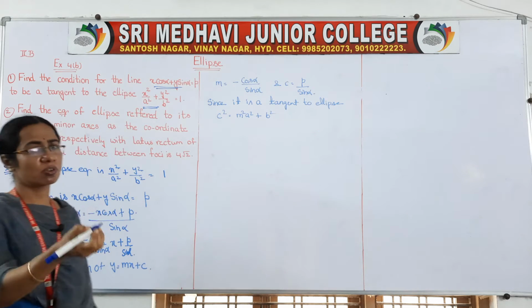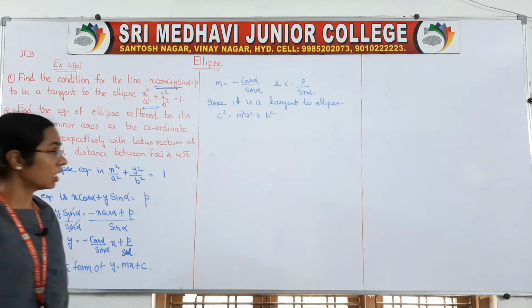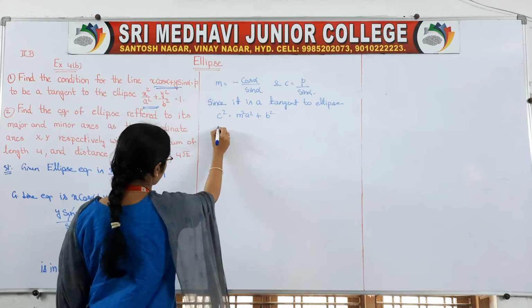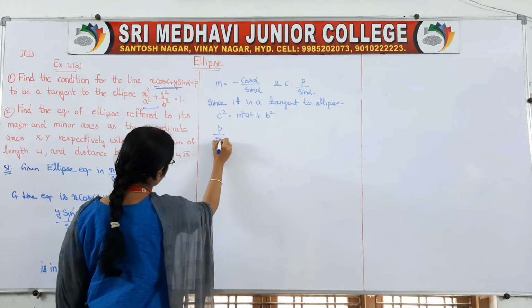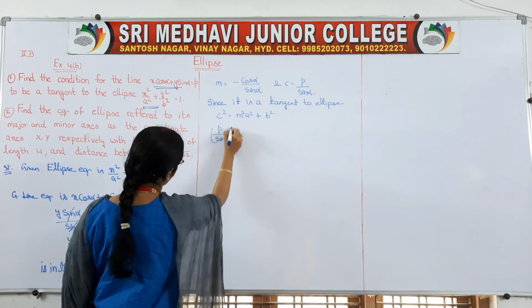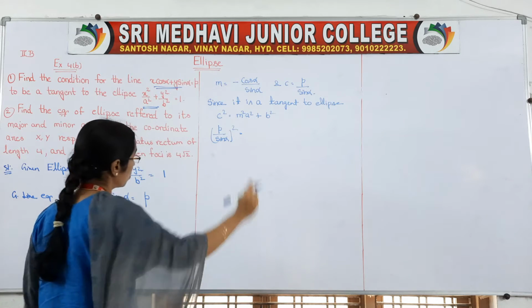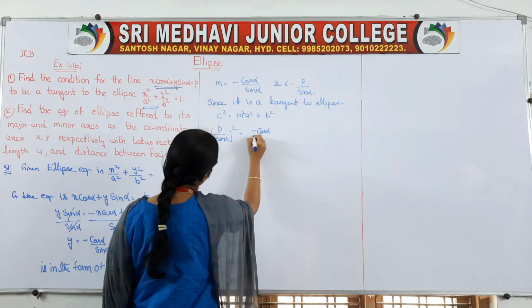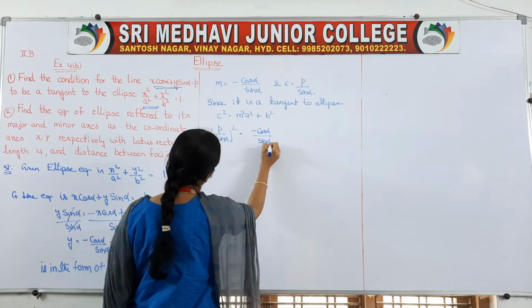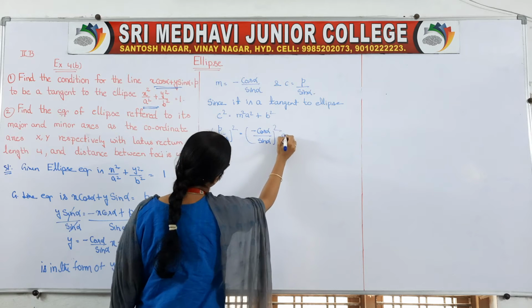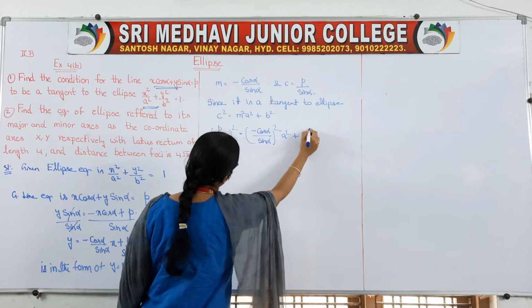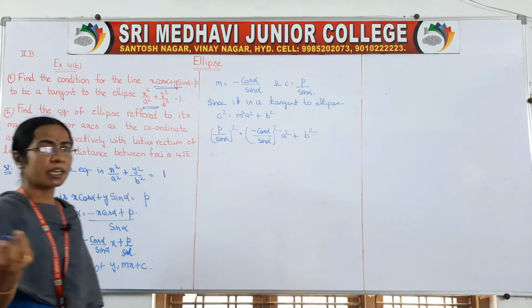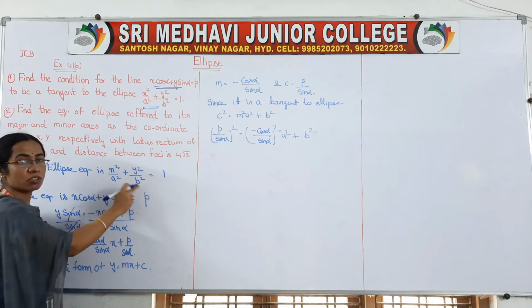A square into m square or m square into a square, both are same. So what is your c? That is p by sin alpha whole square is equal to, what is your m? M is minus cos alpha by sin alpha whole square a square plus b square. Isn't it?